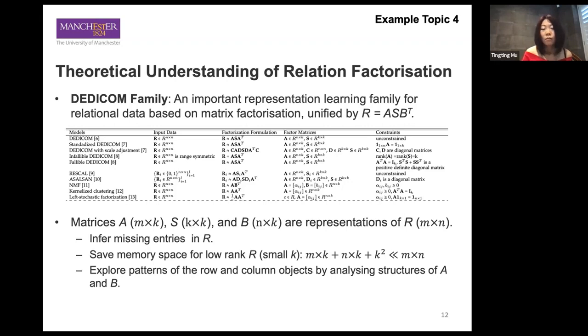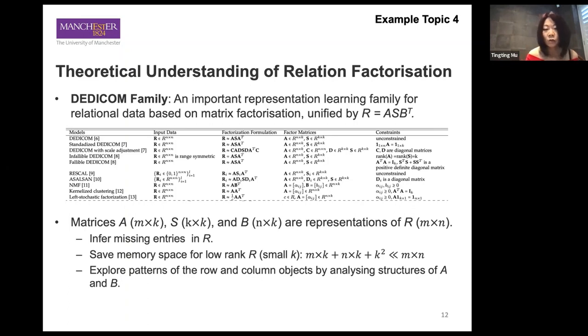So why is this operation useful? First, in reality, when you have a relation matrix, you will not observe all the entries in R. You will have some missing entries, and this operation can help you infer the missing entries. Also, when your relation matrix is of low rank, you can understand it as data with fewer degrees of freedom, but the relation matrix is very large.